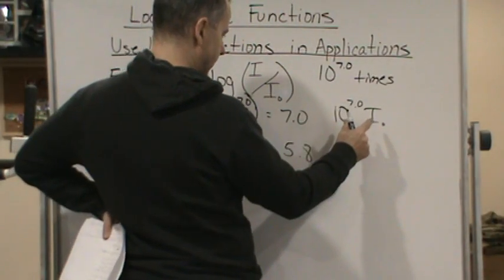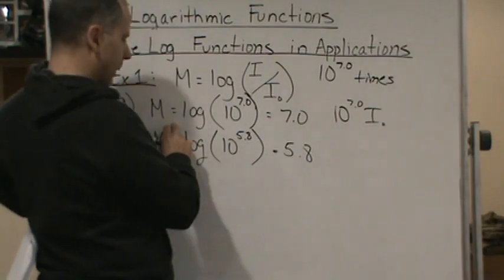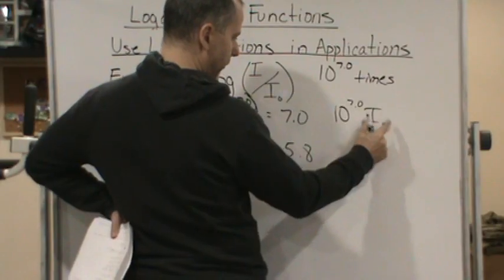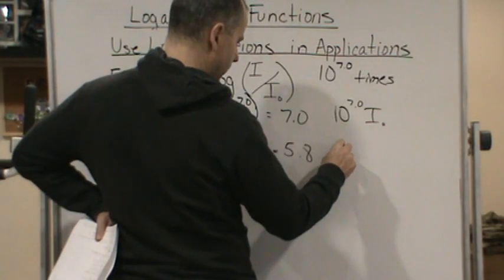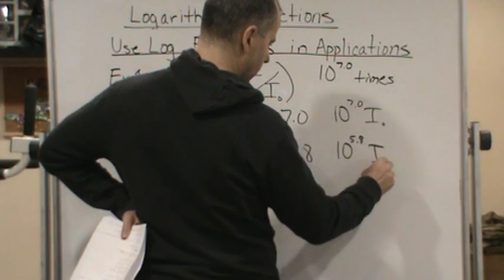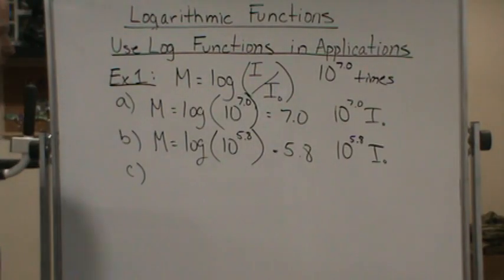So we know this one in Haiti was this many times the reference point, and the one by Washington, D.C. in 2011 was this many times the reference point. And so we can just use those intensities and divide them.